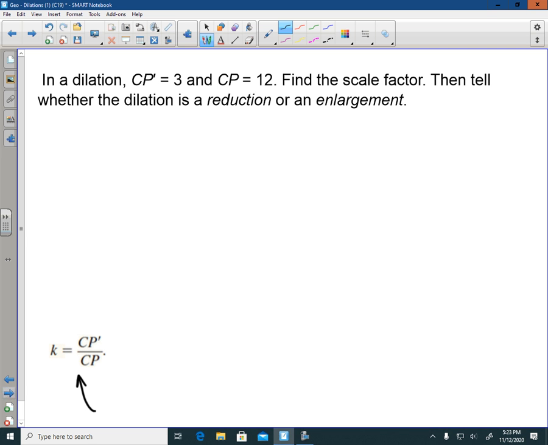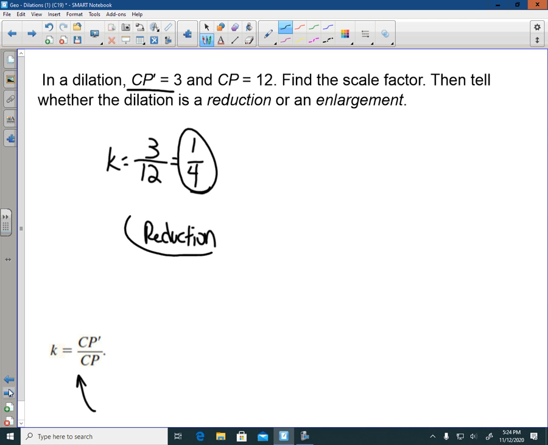Well, CP prime is 3, and CP is 12, and so 3 twelfths would reduce down to 1/4, and that is a number between 0 and 1, and so we know it's a reduction. We calculated the scale factor K, and we found that it was a number between 0 and 1, and so we know it's a reduction.